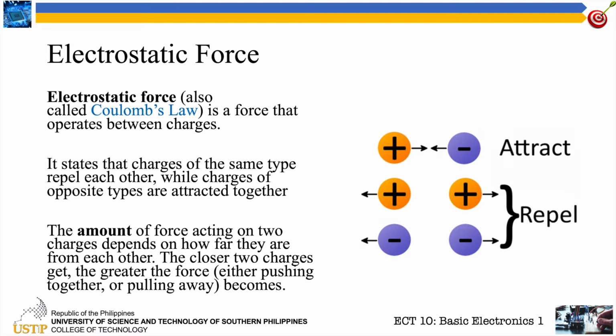Okay, and on the other end, if you have opposite charges or opposite poles and you attract them together, it is very strong if they're very close to each other. So the amount of force depends on the distance. The closer those charges are, the closer the proton and electron are to each other, the stronger the force that pushes or pulls them.